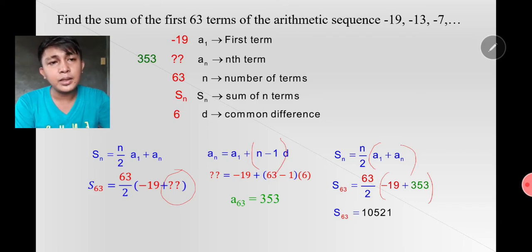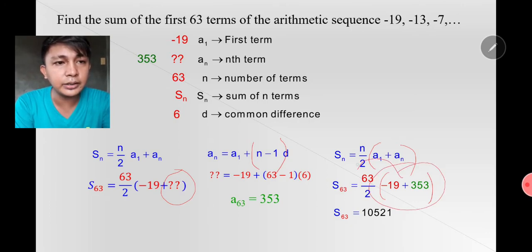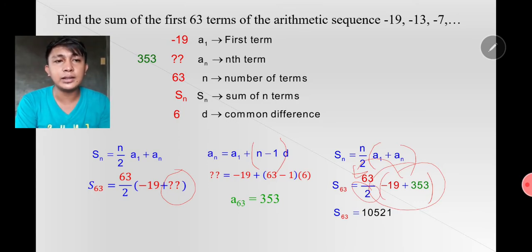Or simply, kunin mo yung sum neto, then multiply it by 63 and divide it by 2. And there we get 10,521.